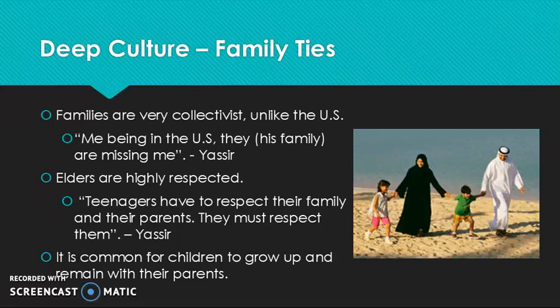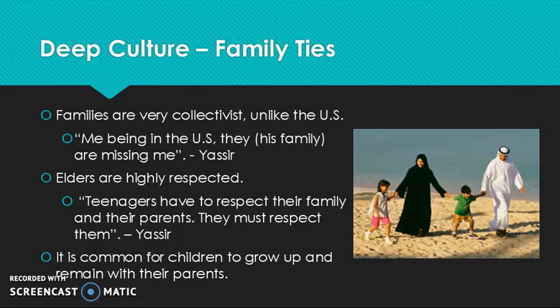Another deep culture part of family over there is that the elders, especially family members, are extremely well respected. Teenagers have to respect their family and their parents. They must respect them. Something that Yasser told me during our interview.